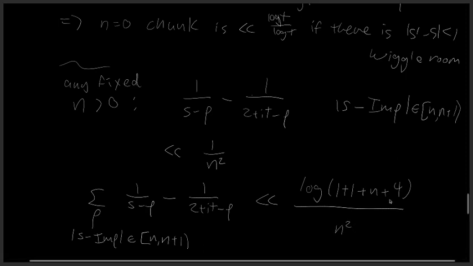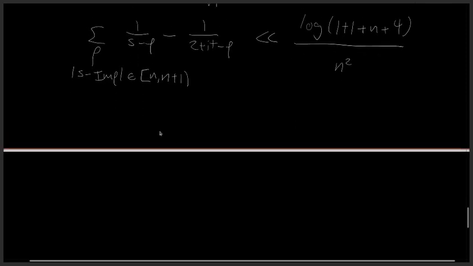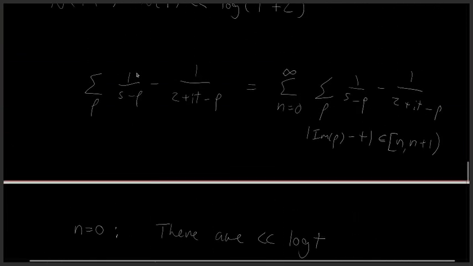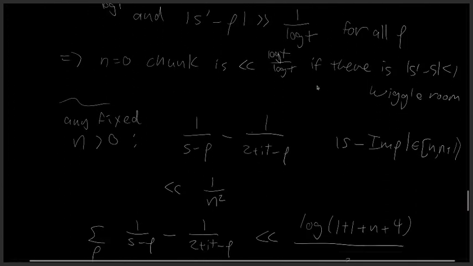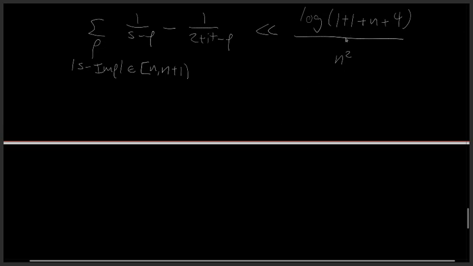And then with this, when we go back to what we were actually trying to estimate, we had the sum n from 0 to infinity, so we have to sum this over n.